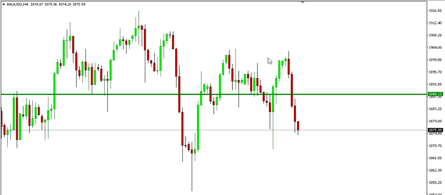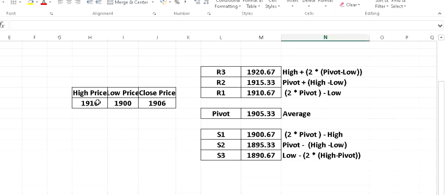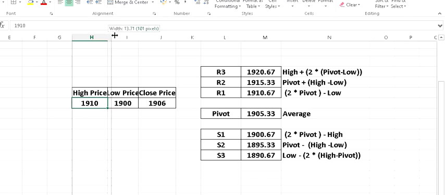Now to calculate for 4-hour time frame, okay, if I'm going to calculate pivot point for this particular candle, the last candle, okay, so I will need the high price of the candle.